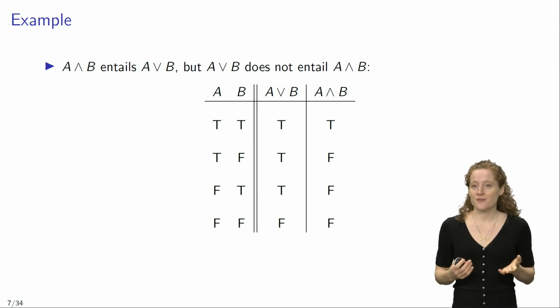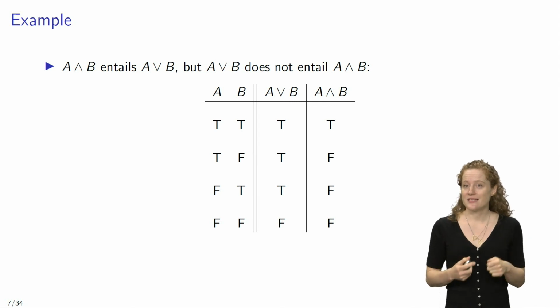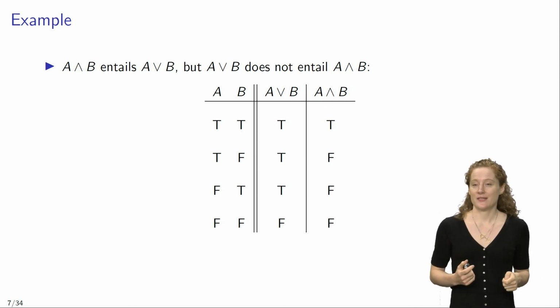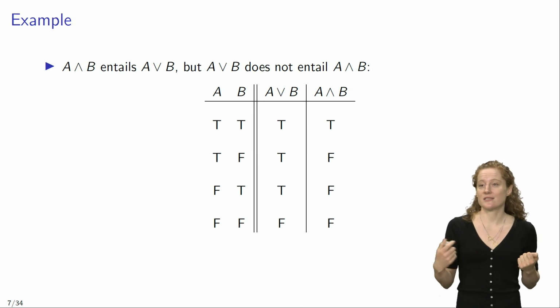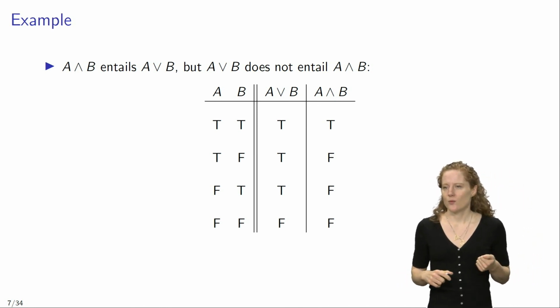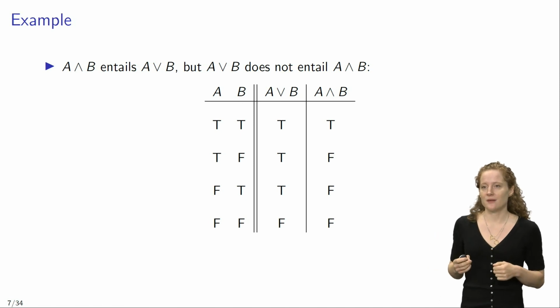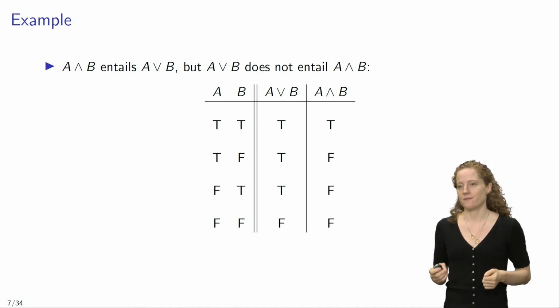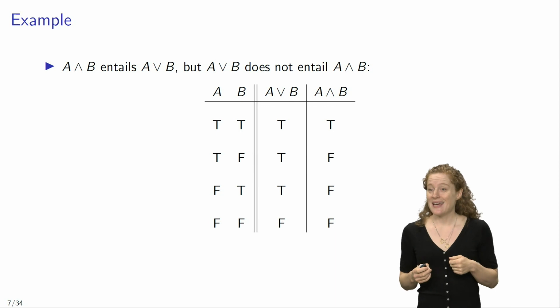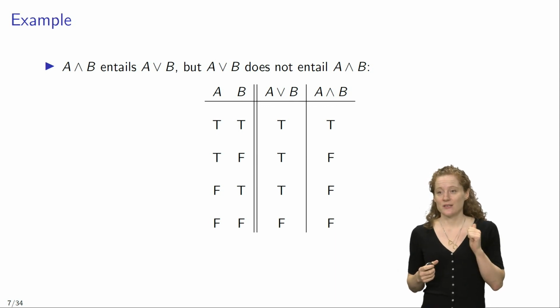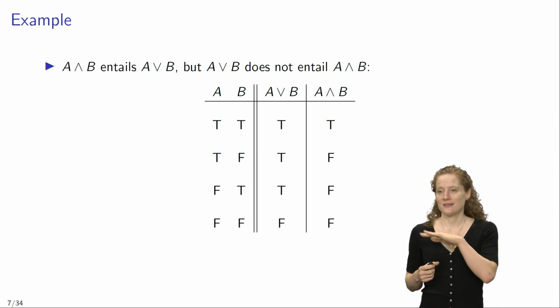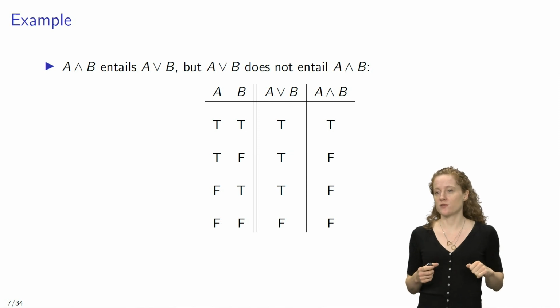And you can observe that A and B entails A or B, but A or B does not entail A and B. Why is that? Well, let's first look at the rightmost column under the conjunction A and B. There you will see that A and B is true in just one case, displayed in the first row of the truth table.